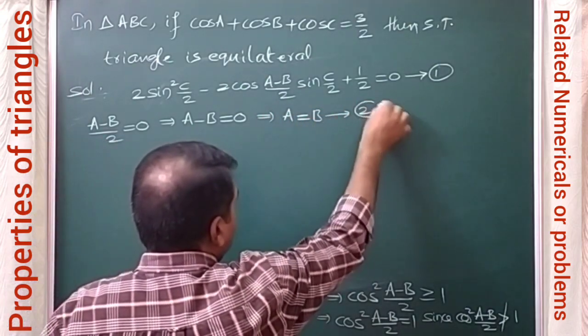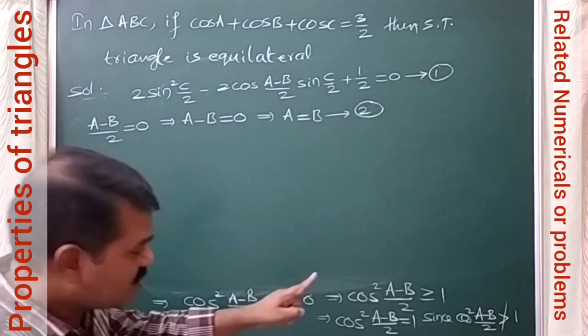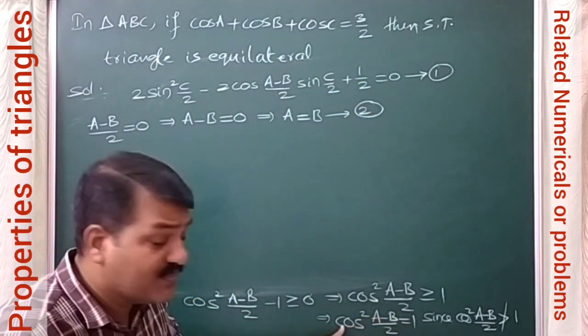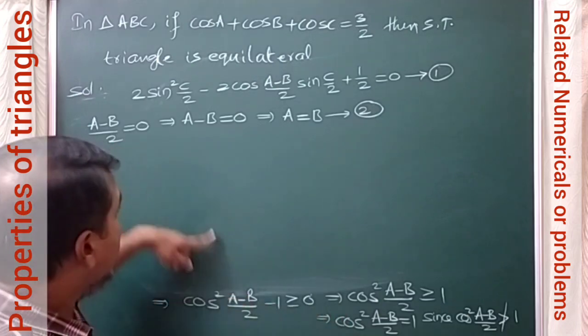This is another relation. Now cos (a minus b)/2 is equal to 1, I will substitute here.